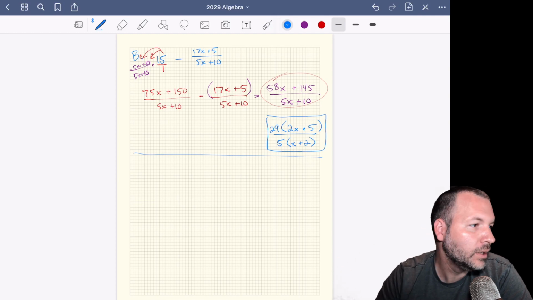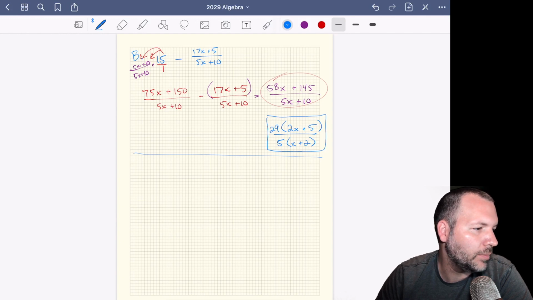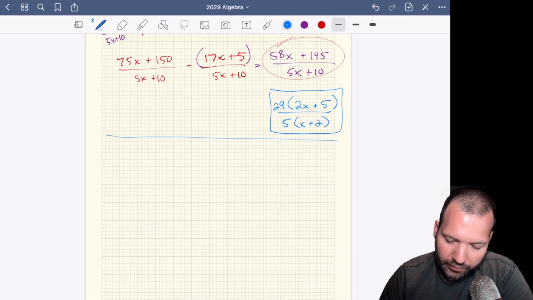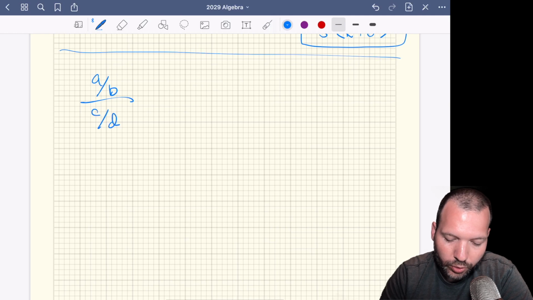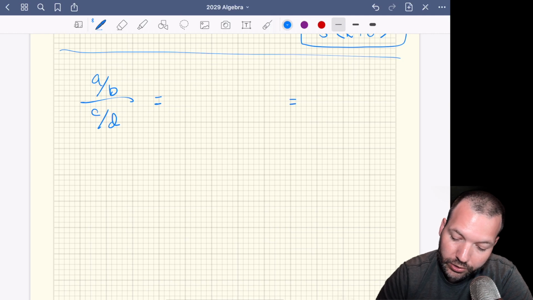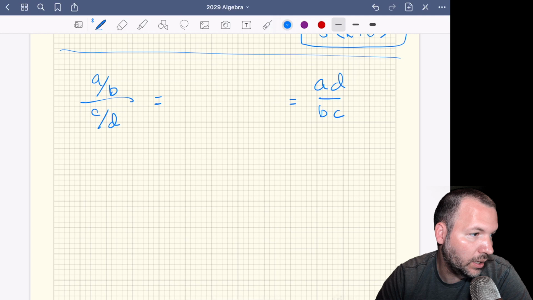I hope so. Okay, complex fractions are just fractions in fractions. So that's what I'm looking at on page 613. If we have a fraction in a fraction, a over b, which itself is the numerator, and the denominator, which itself is the fraction c over d, this is equal to ad over bc.